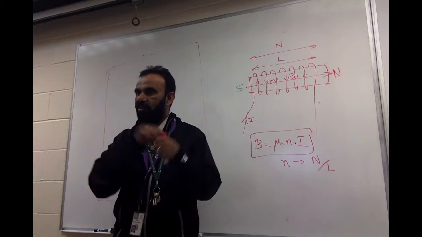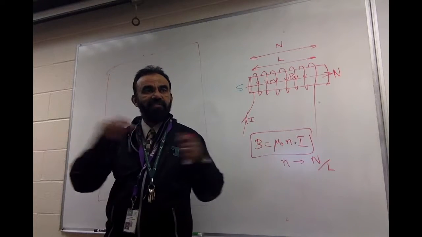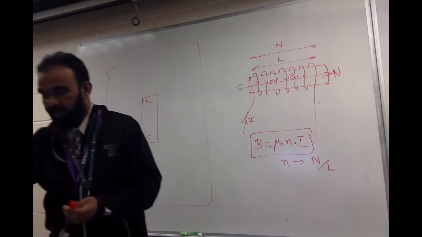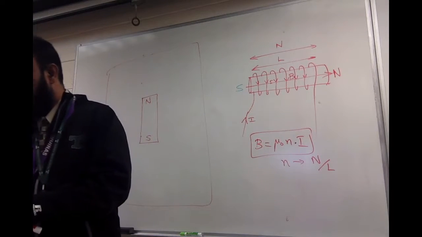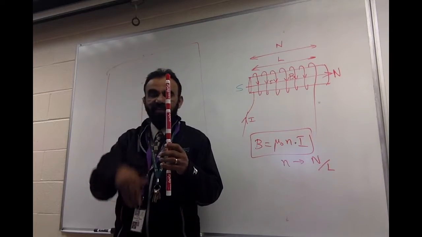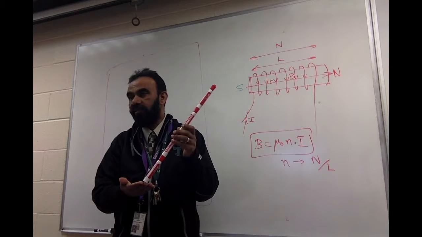Just magnetize the rod or wire. Once you magnetize it, you have a long steel wire. You magnetize the whole thing. Where's the north pole? Right there. Where's the south pole? Right here.